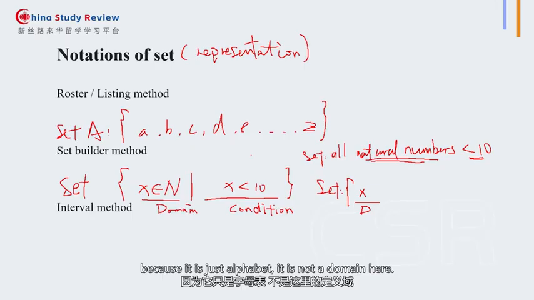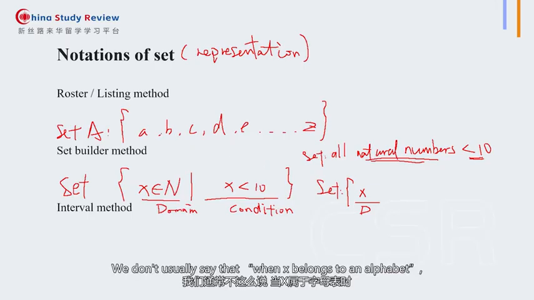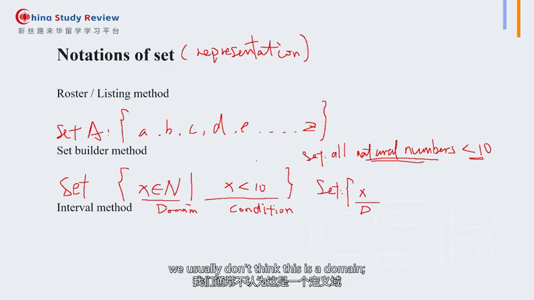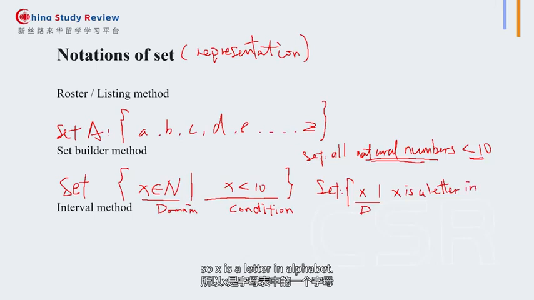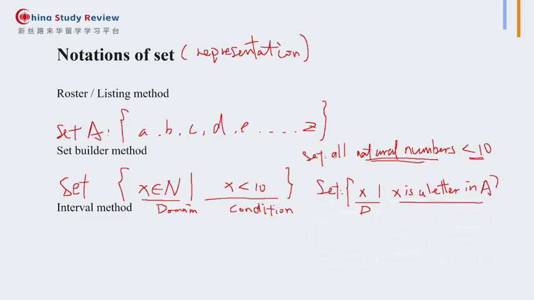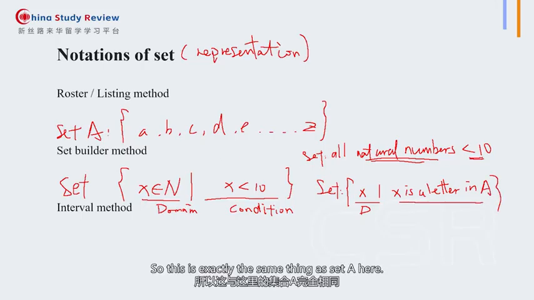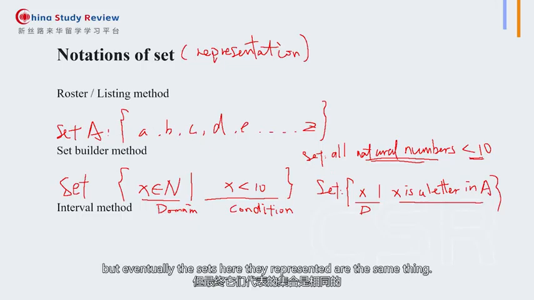So it is not a domain here. We don't usually think of x belonging to the alphabet as a domain; we think of it as a condition. So the condition is x is a letter in the alphabet. This is exactly the same thing as set A here. These two are different methods of representation, but eventually the sets they represent are the same thing.